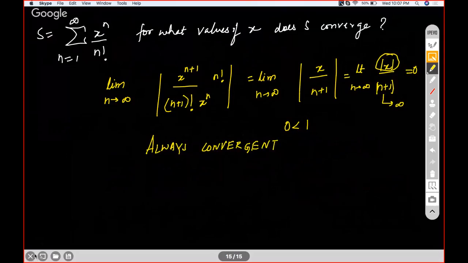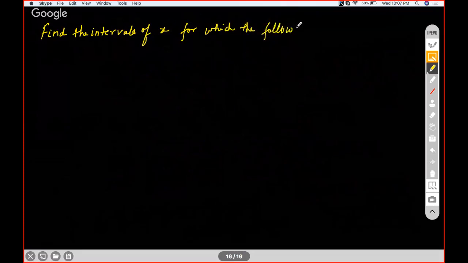Next question. Find all x, that means find the interval of x, for which the following series converges.